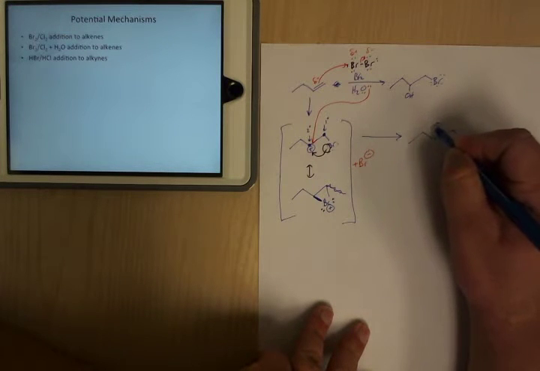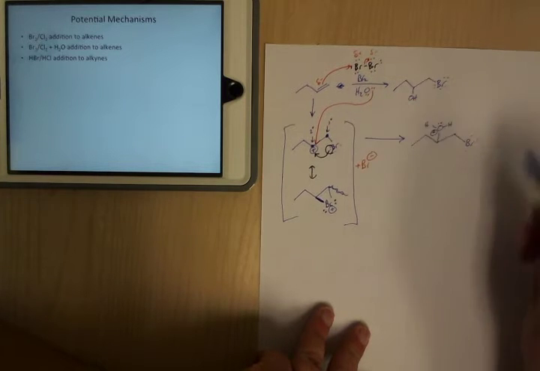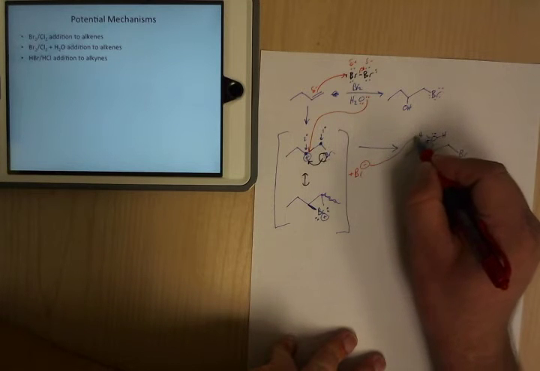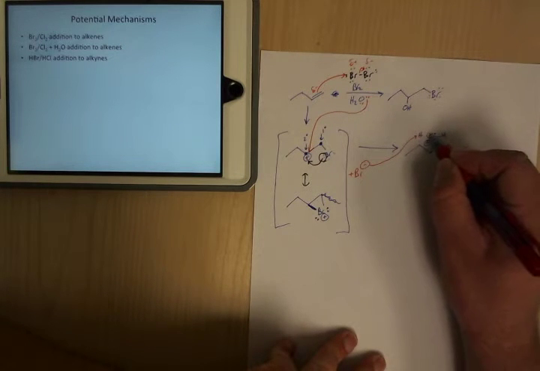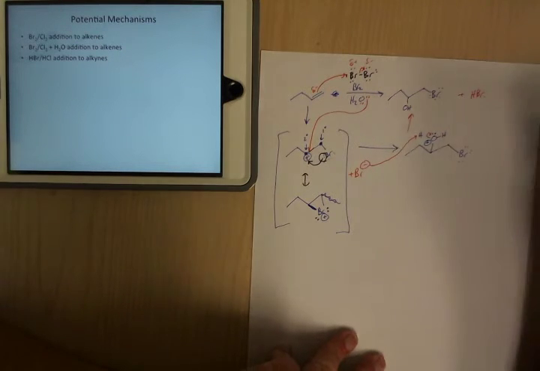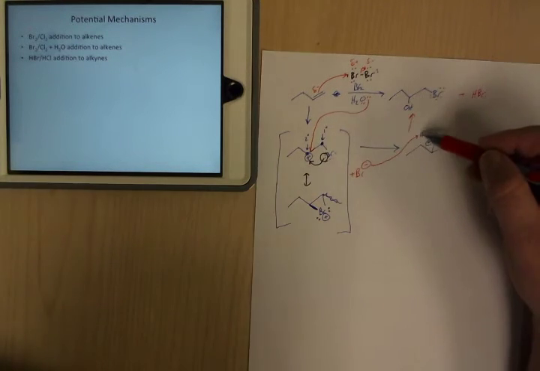The water comes in from the backside, and then the bromine can come in and grab one of these hydrogens, plus HBr, or another water can come in and attack whatever.